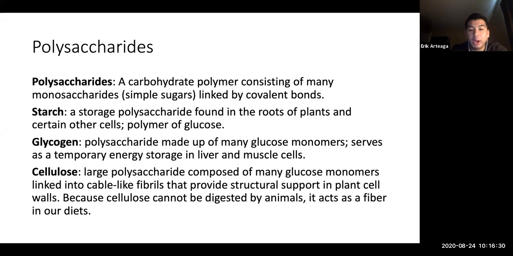It serves as a temporary energy storage in liver and muscle cells. And then we have cellulose, a large polysaccharide composed of many glucose monomers linked into cable-like fibrils that provide structural support in plant cell walls. Because cellulose cannot be digested by animals, it acts as a fiber in our diet.